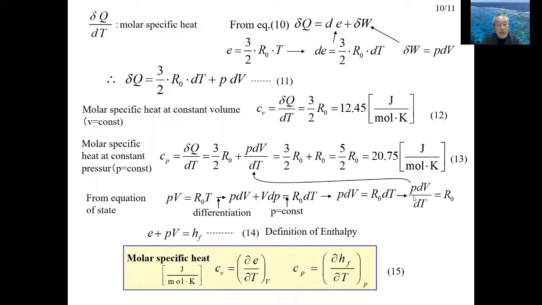The specific heat at constant pressure can be obtained by differentiating the enthalpy with respect to temperature T under the constant P condition, and the specific heat at constant volume can be obtained by differentiating the internal energy with respect to T under the constant V condition. Such an expression is shown in equation 15.